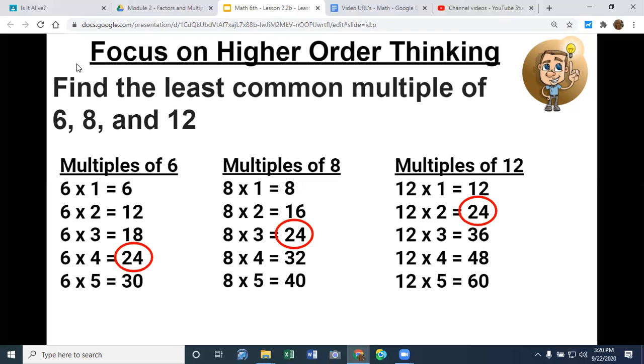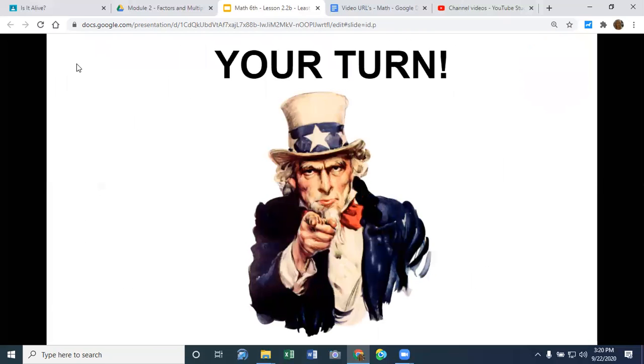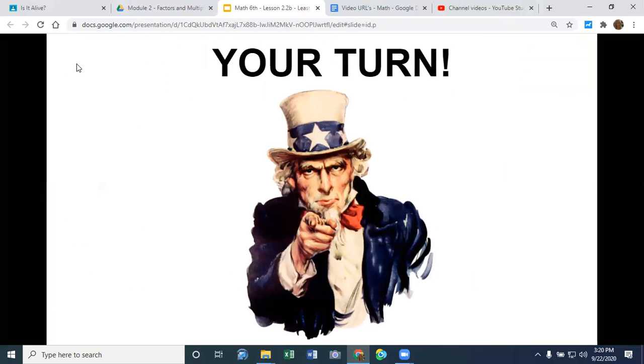If this were a word problem with, let's say, they got a free dessert on every 6th day, a free appetizer every 8th day, and a free beverage every 12th day, when would they get a free dessert, appetizer, and beverage all on the same day? Day 24 would be the first time. The LCM of 6, 8, and 12 is 24. Okay, you give a 3-number problem a try.